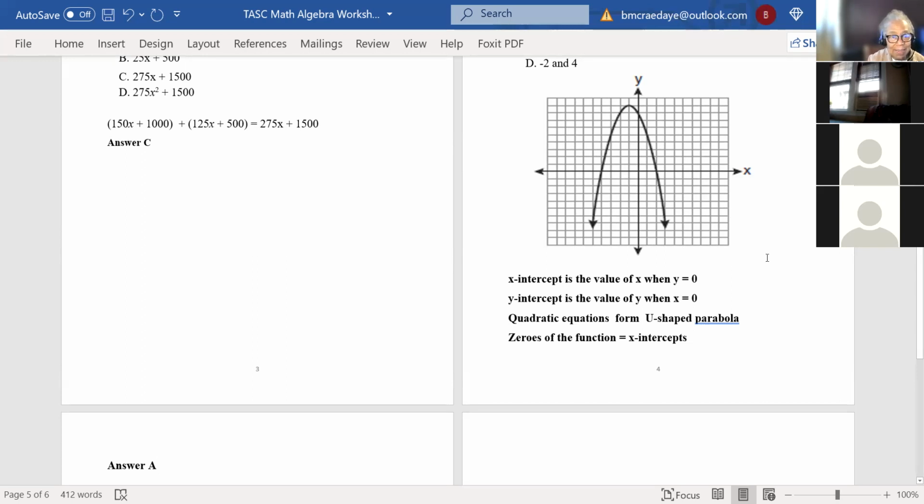Now, when X is 0, we are on the Y line. Look, this is the Y line right here, right? Yeah. At what point is X 0? You have to be sitting right on that Y line. Where do you see that?